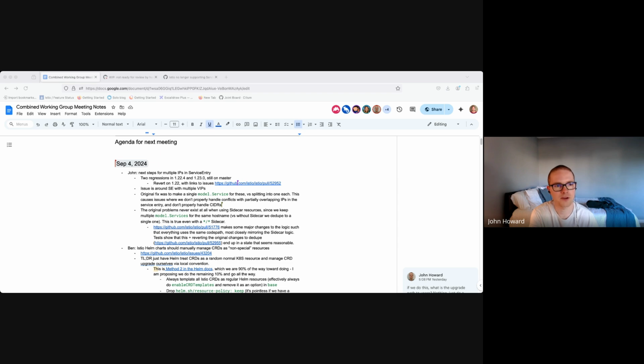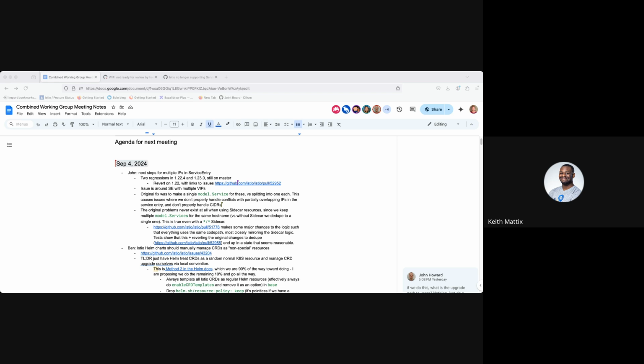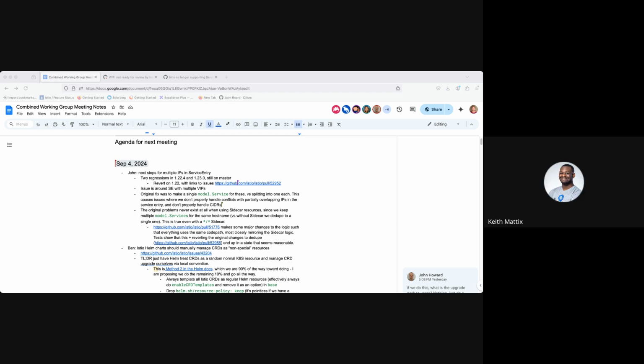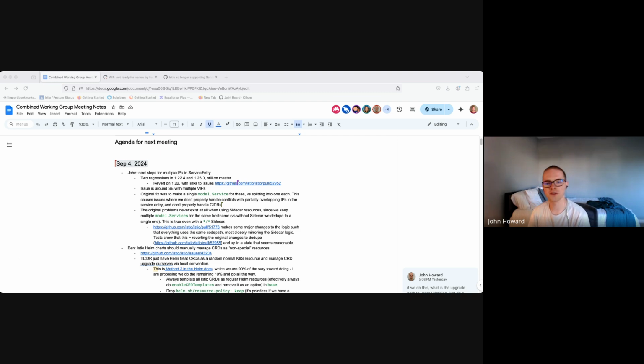Go ahead, Keith. Can you clarify whether you're referring to a model.service or a Kubernetes service resource in the same namespace? Everything I'm talking about is model.service, which could be derived from a service entry or from a Kubernetes service. There's also some logic when you're talking about Kubernetes services.